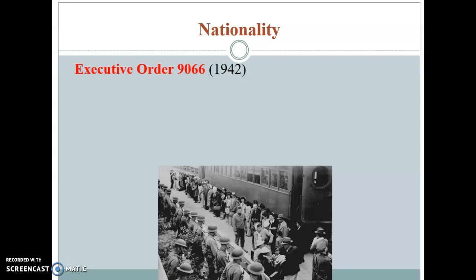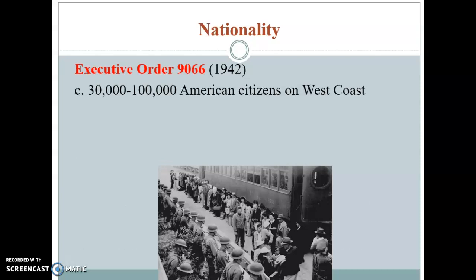At a time of panic and concern, when American territory had been attacked at Pearl Harbor on December 7th, 1941, we find very soon after that, the President, FDR, issued Executive Order 9066, a notorious one, which resulted in something like 30 to 100,000 American citizens on the West Coast rounded up and put in internment camps.